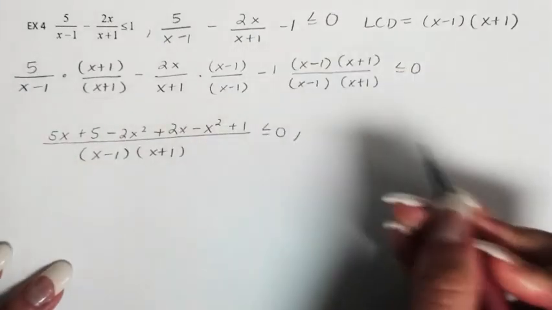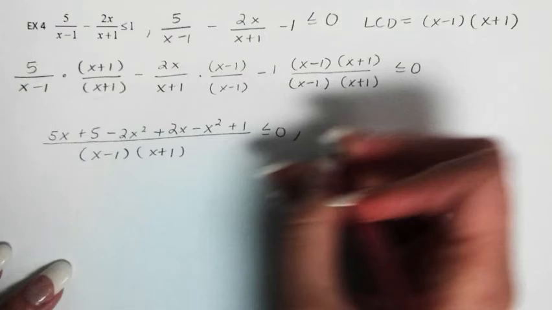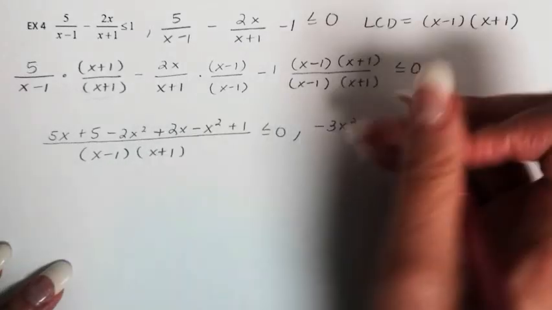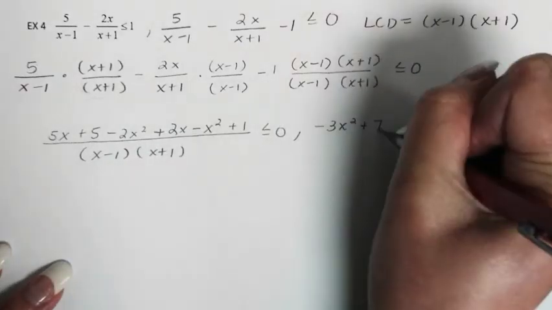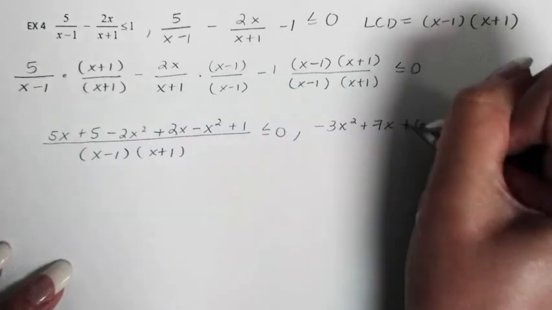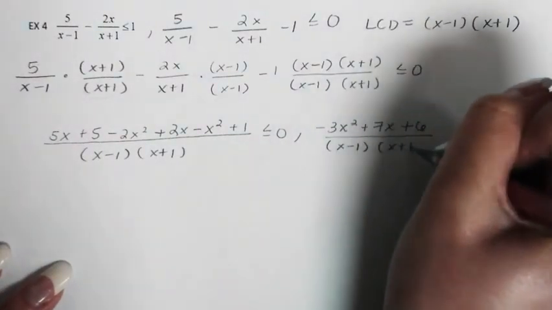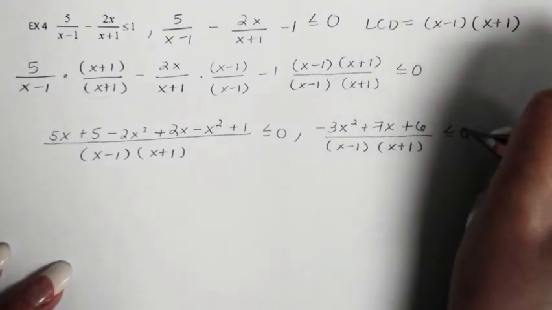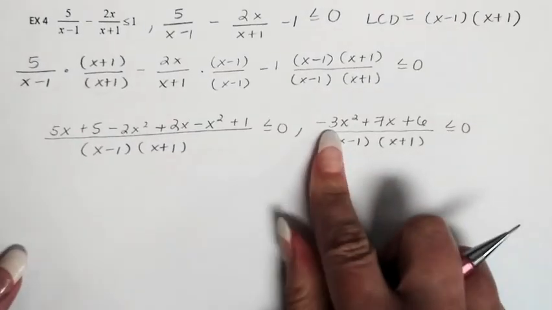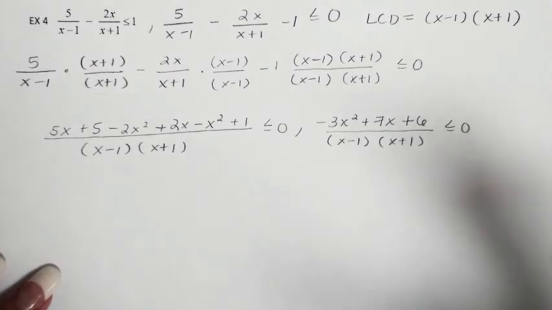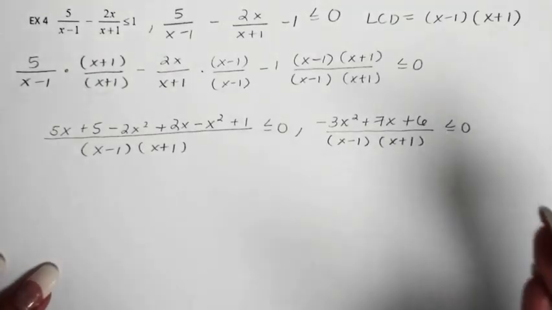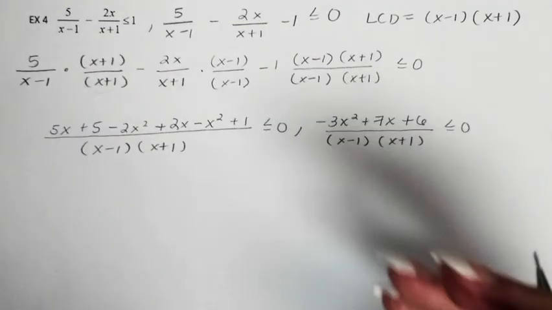After that, obviously, you need to combine like terms. So what I have here is negative 3x squared, and then the linear terms here, which make 7x, and then the constant terms, you have a positive 6, and then this divided by (x minus 1)(x plus 1), less or equal than 0. You know that I love my leading coefficient to have a positive value, and this one is not.